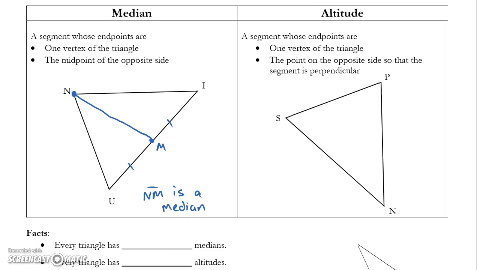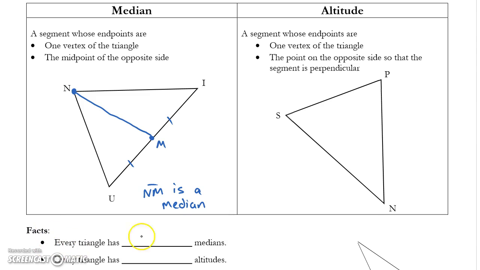If I look below here, it does say a fact. Every triangle has three medians. Well, that's true because it has three angles. If I have angle I as my vertex, and I go over here and say point D is a midpoint, then segment ID is a median.